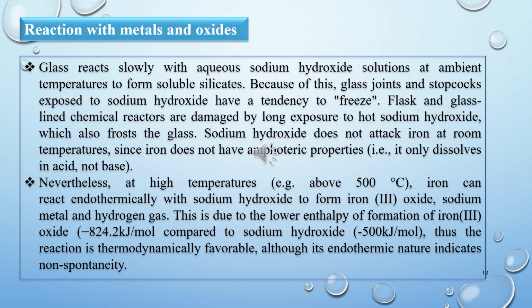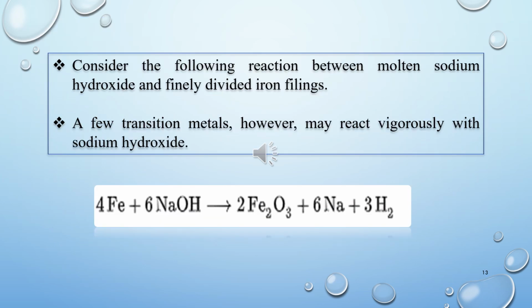And then we have said that iron does not react with sodium hydroxide at room temperature. And in the second point, we have said that iron can react with sodium hydroxide at a high temperature of more than 500 degrees centigrade and will form iron 3 oxide.